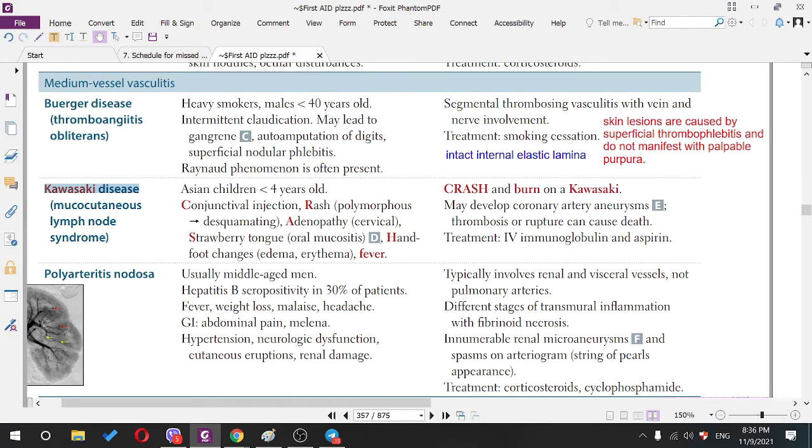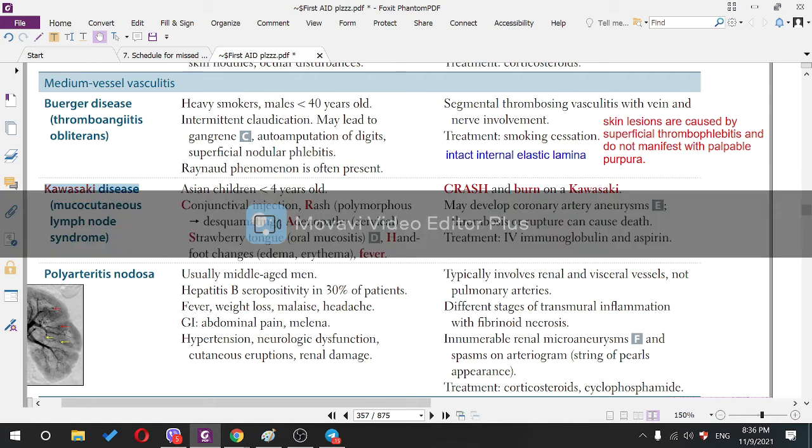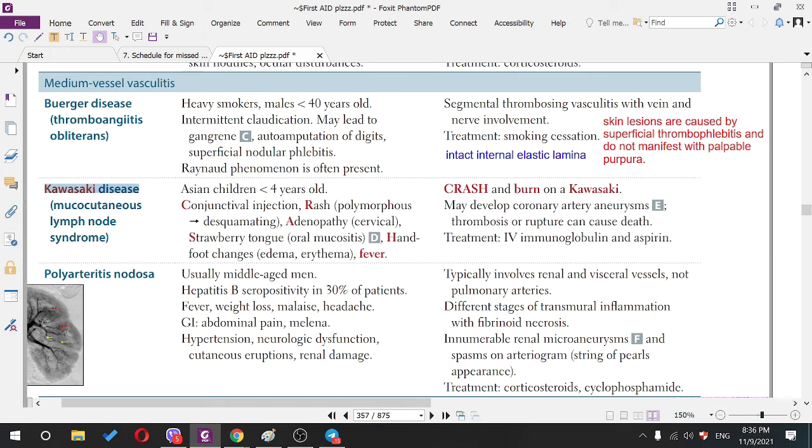It's not the only disease. So, crash and burn on a Kawasaki. They imagine a motorcycle called Kawasaki, an old company, and when they hold this motorcycle, you have involvement of the palms and soles, and it leads you to get burned, which is the mnemonic, which I don't like.